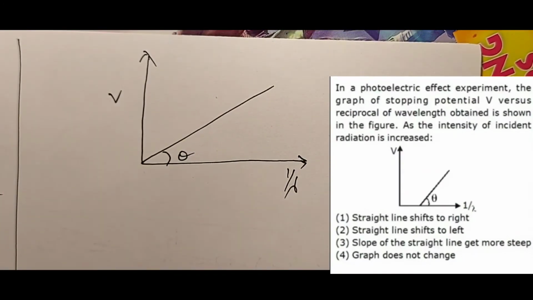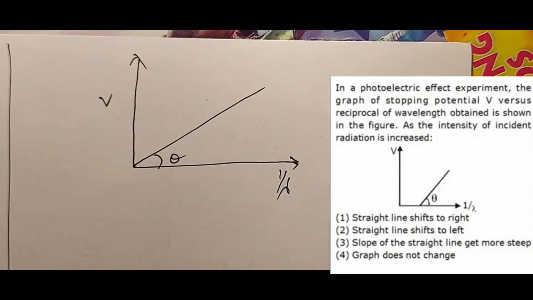So in photoelectric effect, the graph of stopping potential V versus reciprocal of wavelength obtained is shown in the figure. As the intensity of incident radiation is increased, which of the following options is correct?